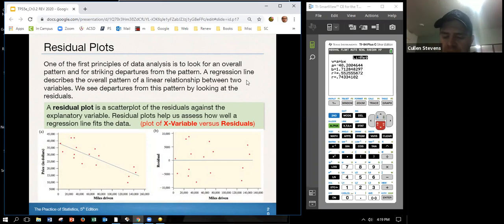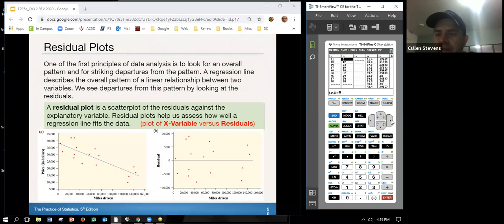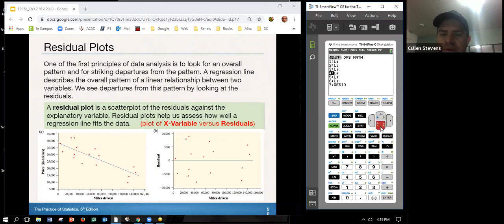So if I go back to my stat and I go to edit the different lists that I have here, I can see all my lists here, right? But if I go into stat and I go second lists, what I can see down here is I have what's called a resid. So I can see that I can put my residuals, whoops, sorry.